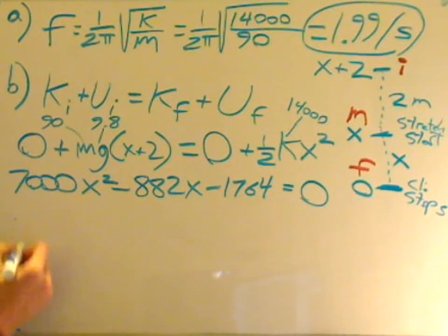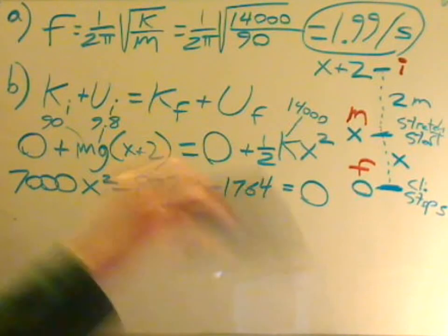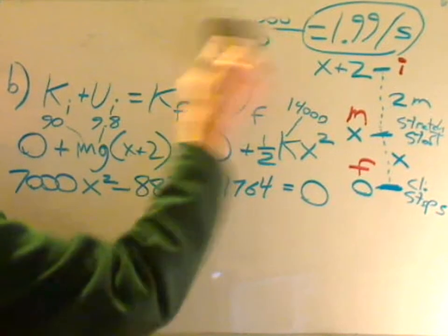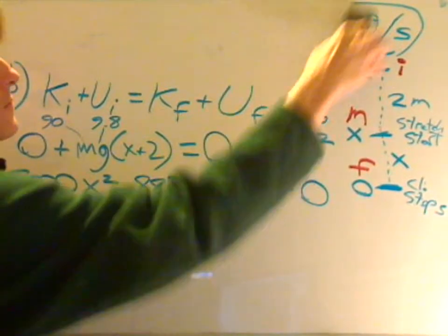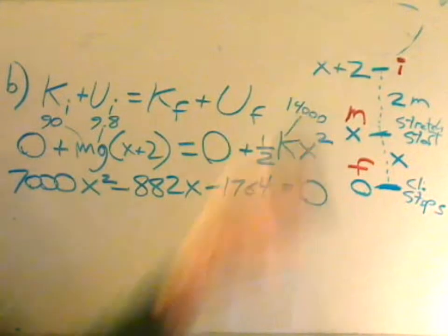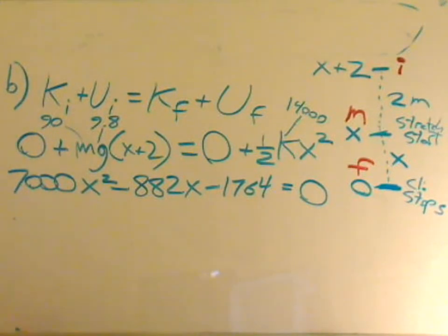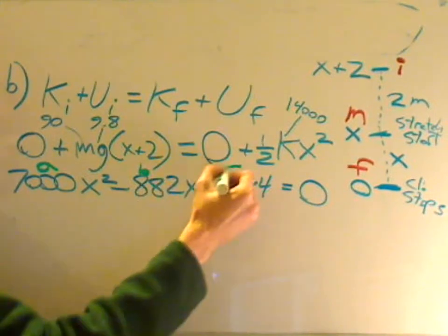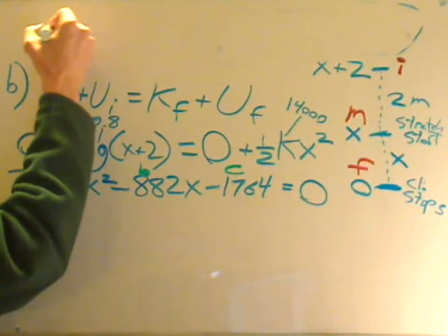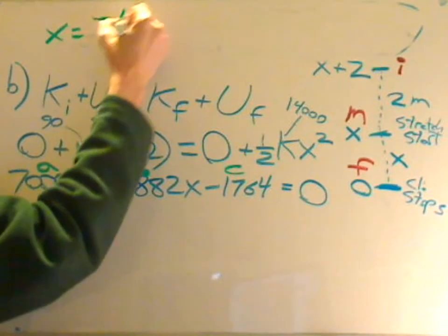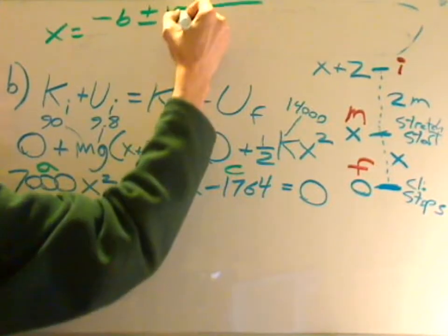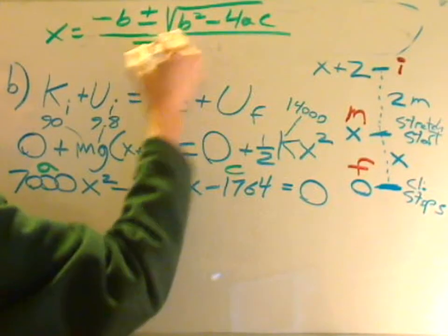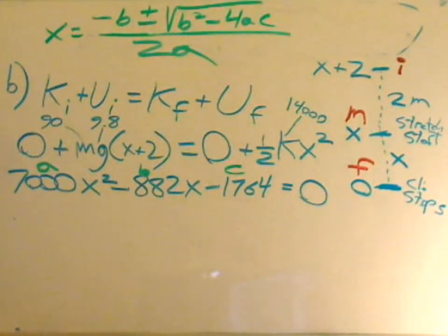So remember the quadratic formula, and I'll erase some stuff up here. When you have a quadratic equation like this, where this here is A, this would be B, and this would be C, the solution is x equals negative b plus or minus the square root of b squared minus 4ac, over 2a. Okay?